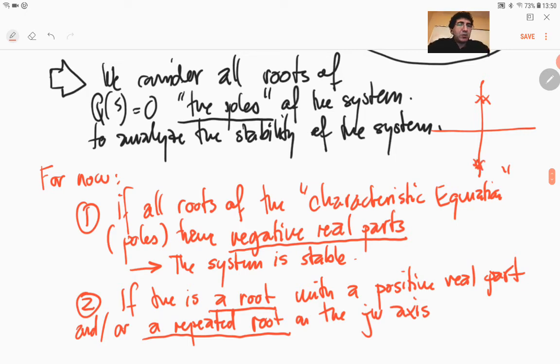So this condition requires at least 4 poles on the j omega axis. Then the system is unstable.